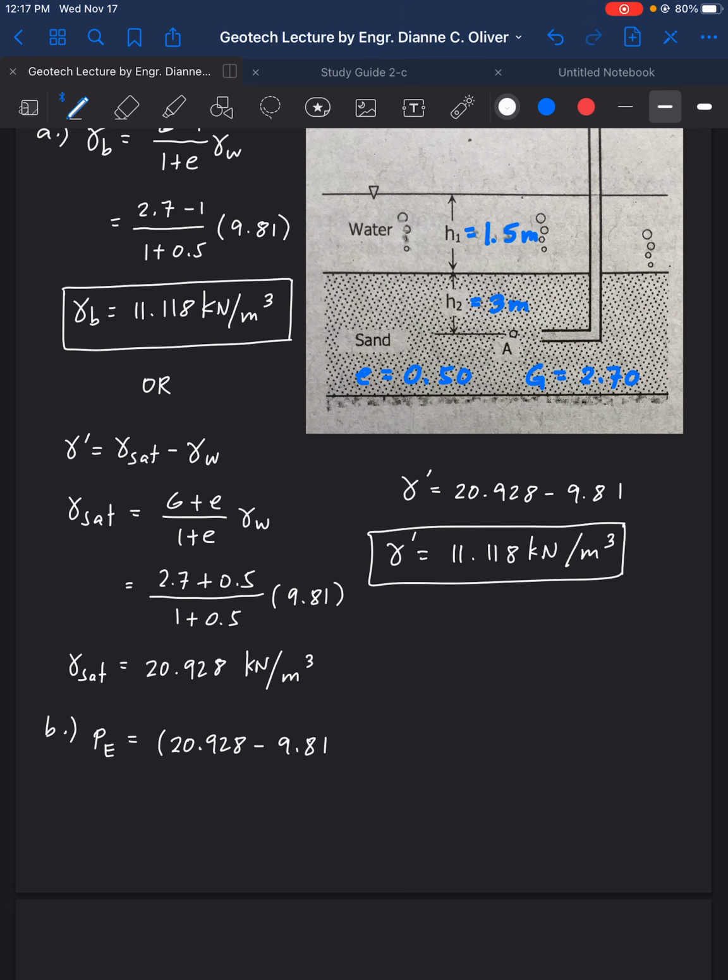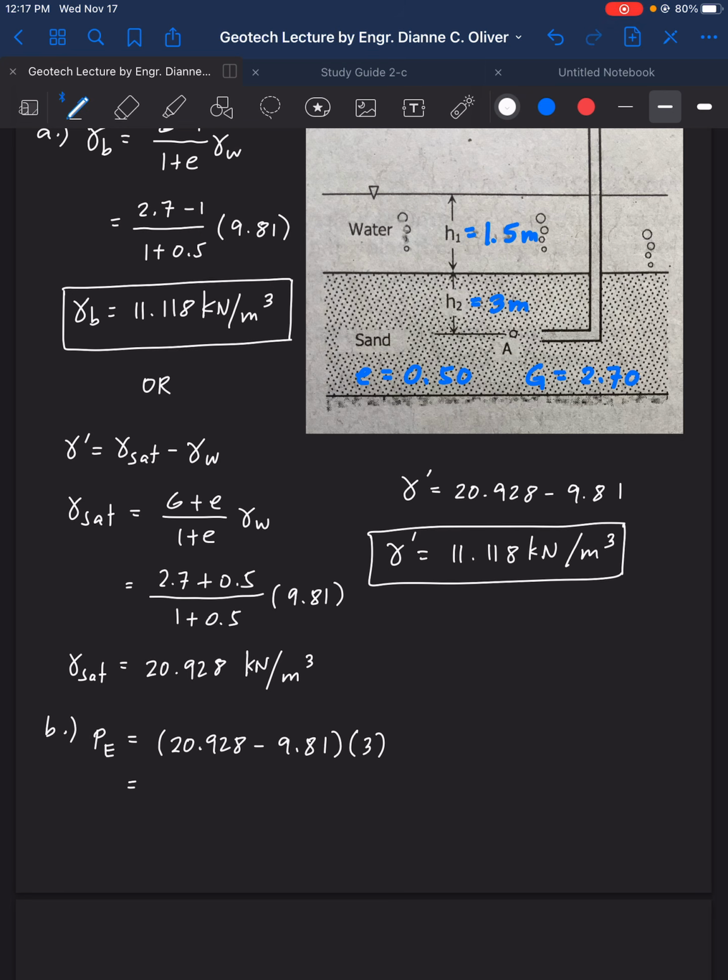So the water pressure has nothing to do with the effective stress. So we have to deduct or remove the water here. So there is no point in including the water of 1.5 meter here.